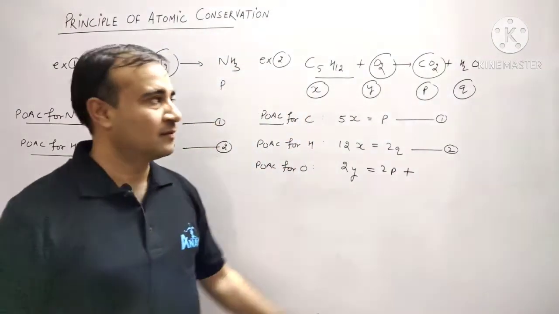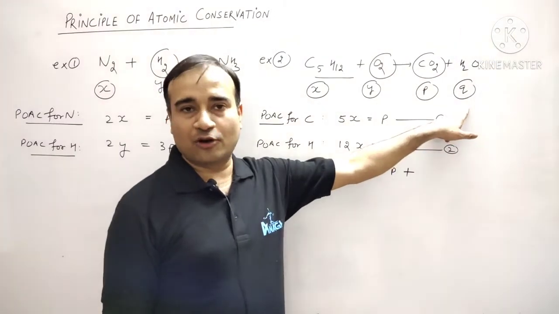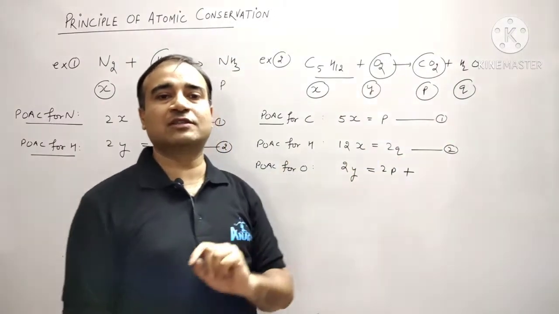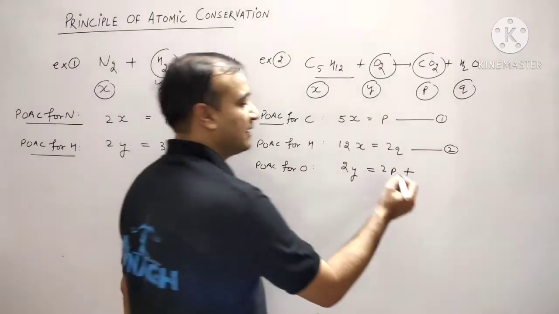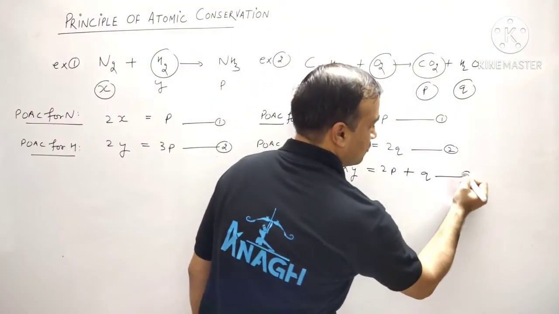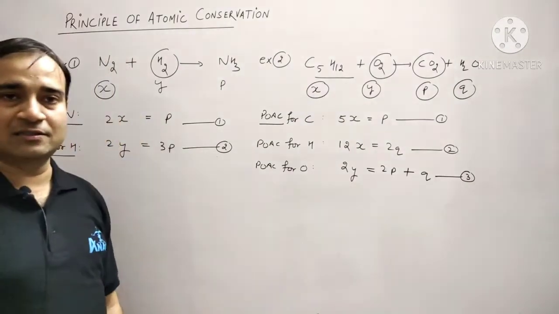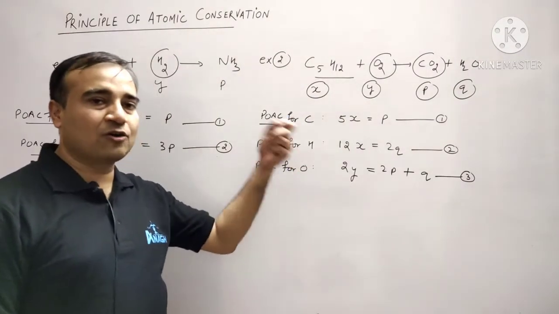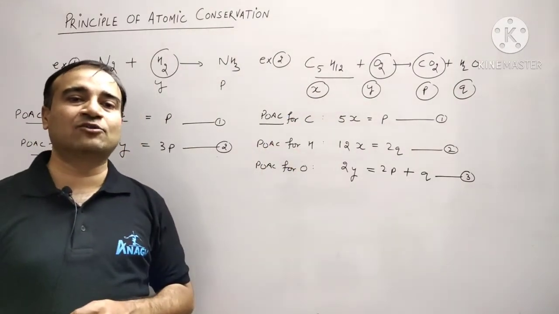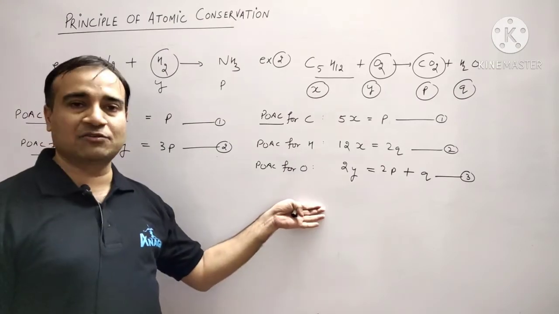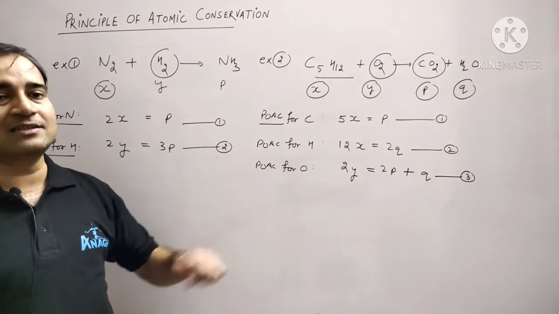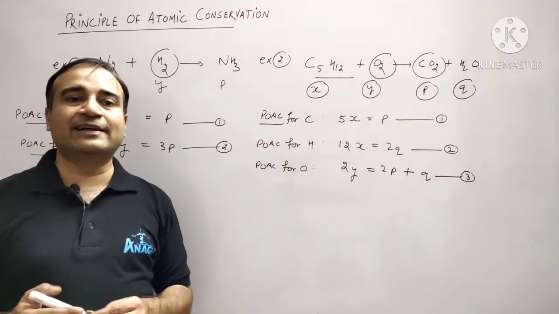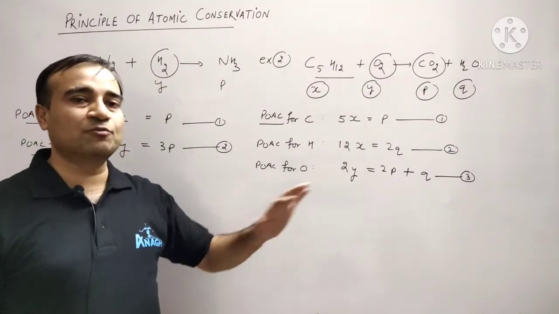Plus, in Q moles of water, as the atomicity of oxygen is 1, how many moles of oxygen atoms must be there? That is Q. So, we have 3 equations regarding the principle of atomic conservation of carbon, hydrogen and oxygen. By solving these equations, I can get the number of moles of CO2 as well as the number of moles of water. It is the representation of POAC.